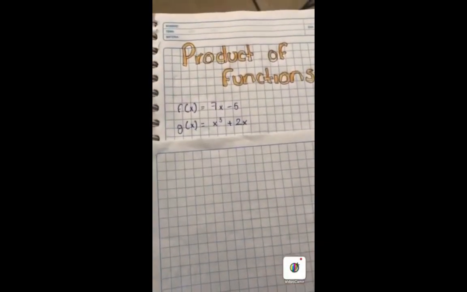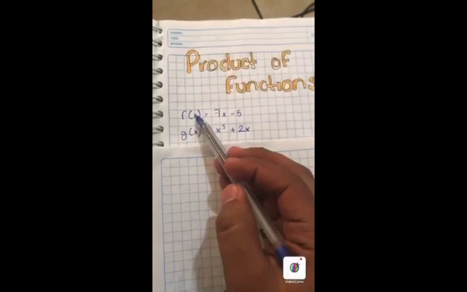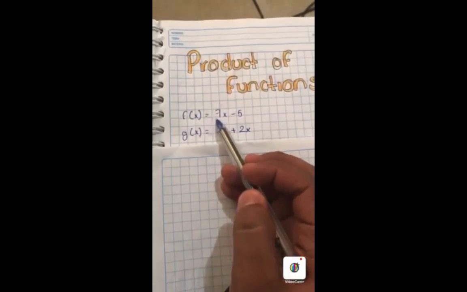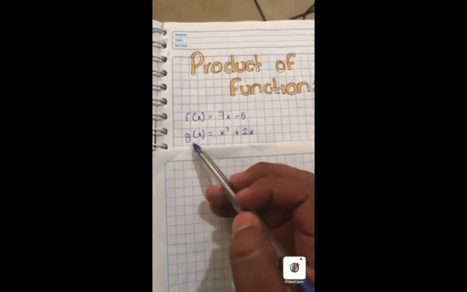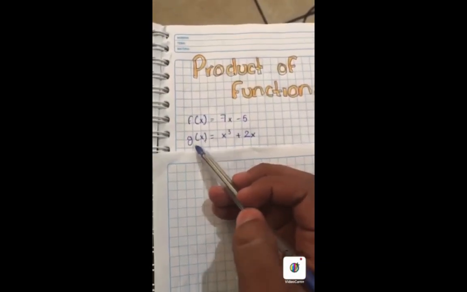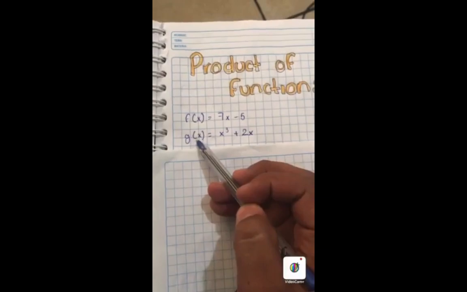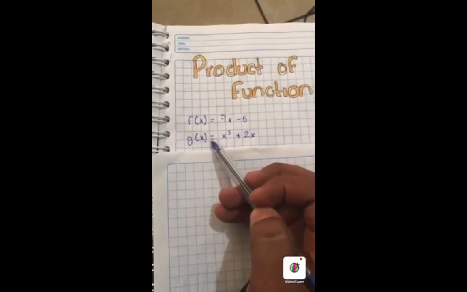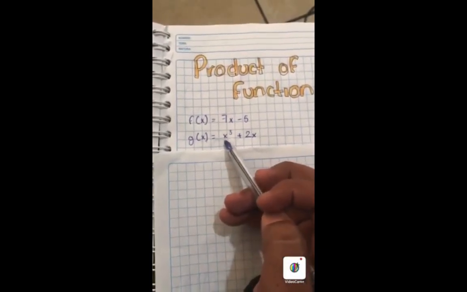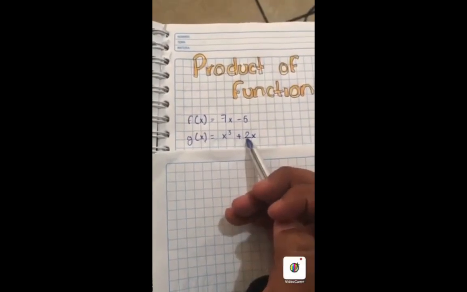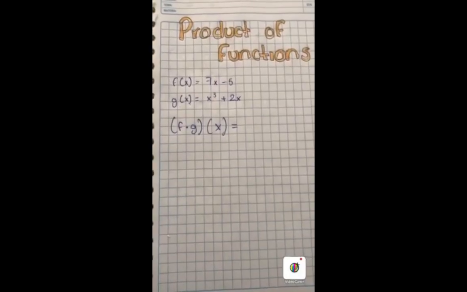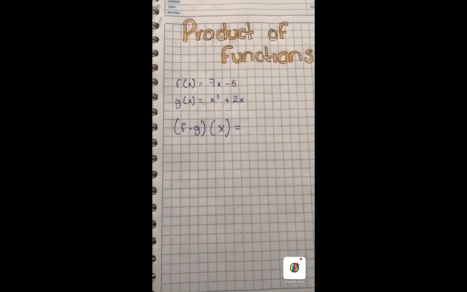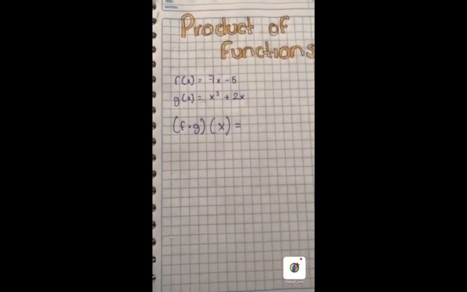For example, f of x is equal to 7x minus 5, and g of x is equal to x cubed plus 2x. We compute it this way.